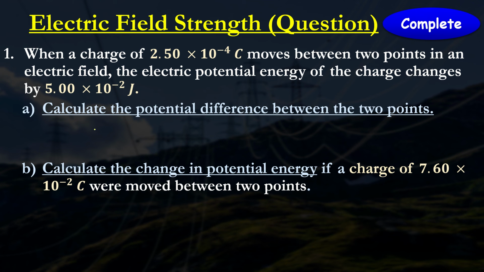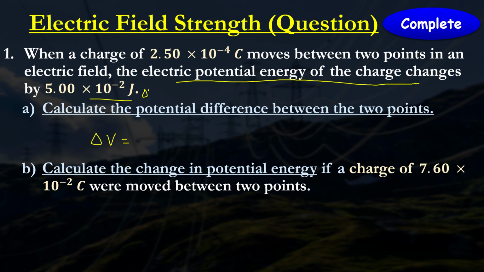So question 1A, it says calculate the potential difference between 2 point charges. So potential difference is V. Let's firstly work out what we're dealing with here. We have energy. So the electric potential energy of the charge changes by this value here.